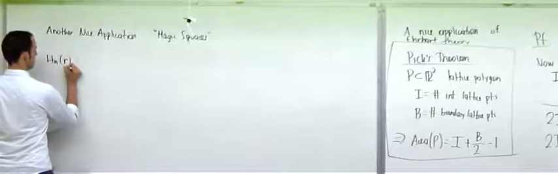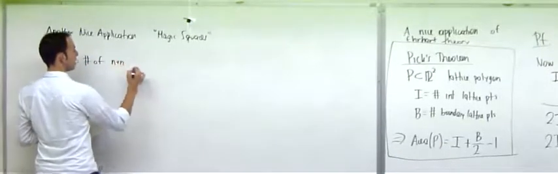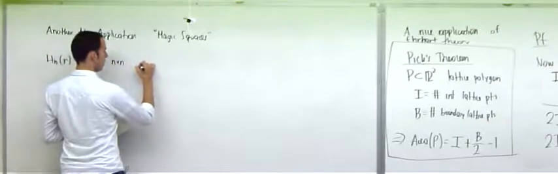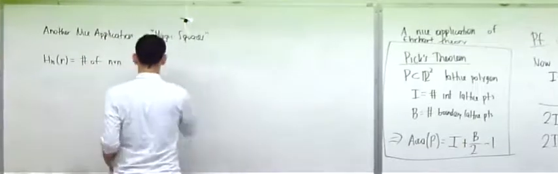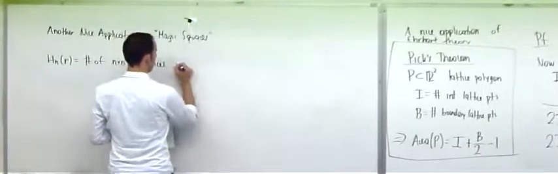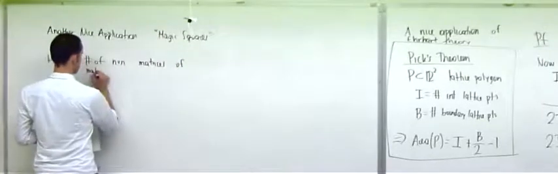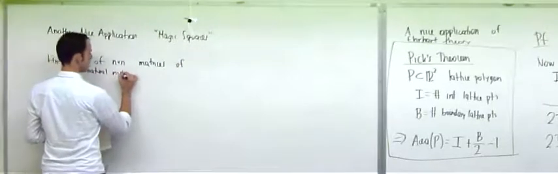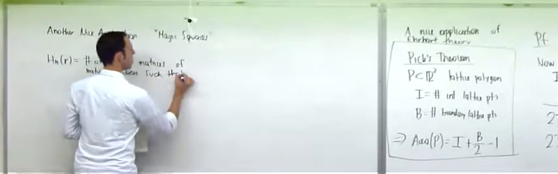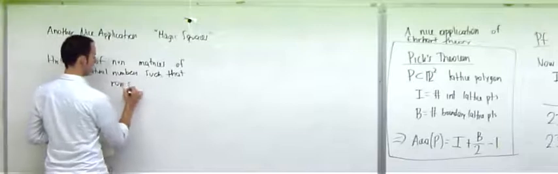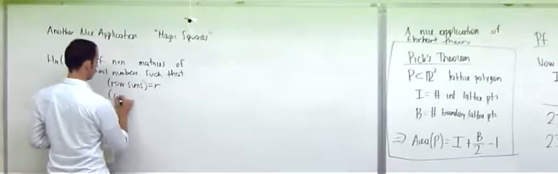Let's define the number Hn of R to be the number of n by n matrices of natural numbers such that all the row sums are R, and all the column sums are R.